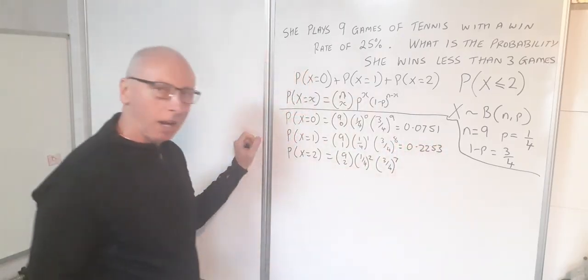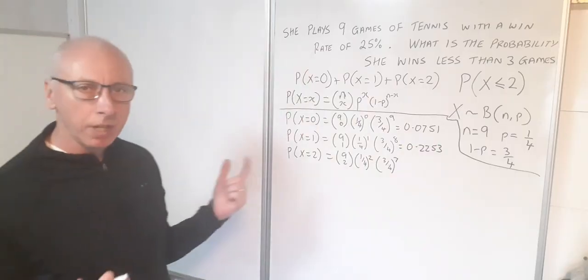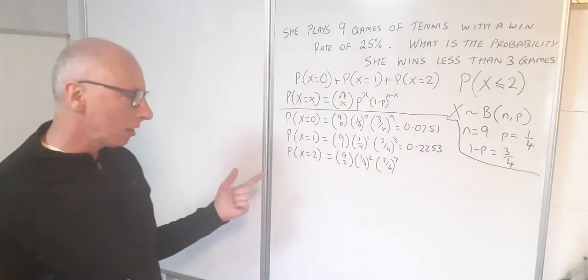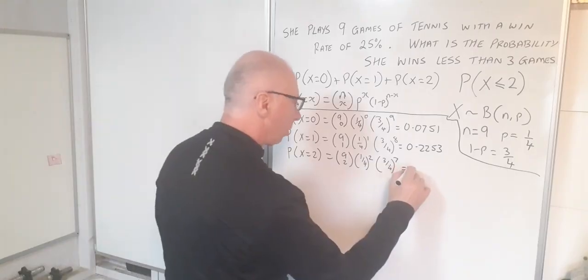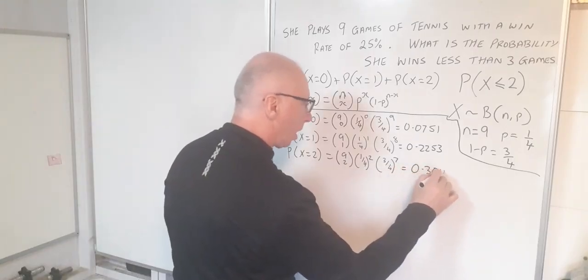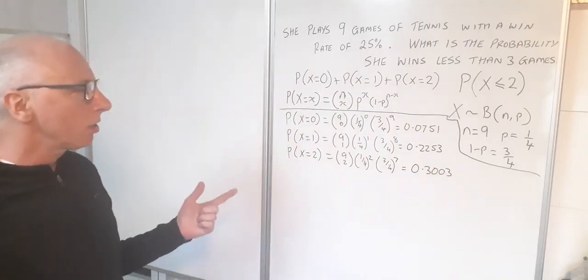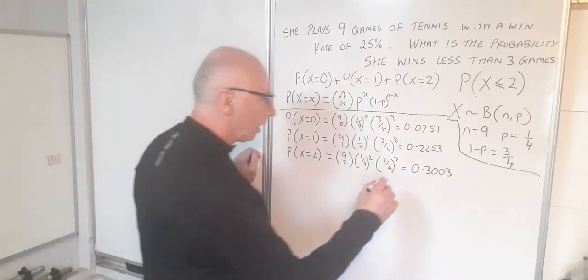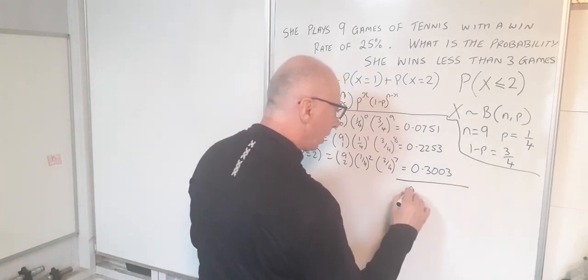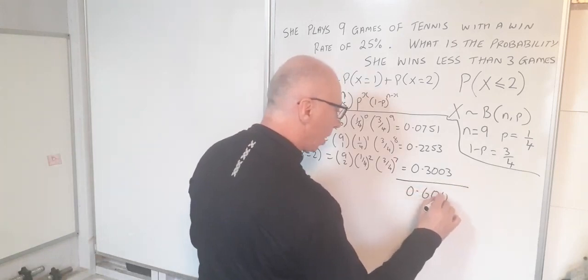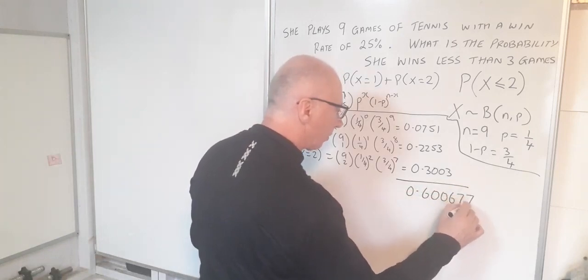I would urge you to check these and leave in a comment below if you think I've made any mistakes. And for x equals 2, 0.3003. Then I'm going to plug those into our calculator, and if you do that, you get approximately 0.600677 and so on.